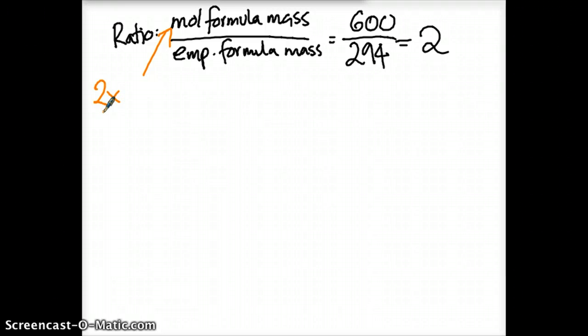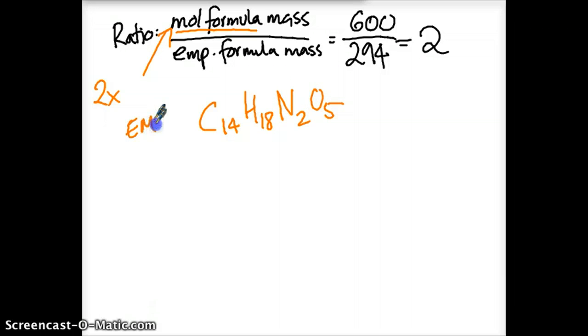It also means that therefore the molecular formula must have 2 times the number of atoms in the same ratio as the empirical formula. So if our empirical formula was C14H18N2O5, this is empirical, we just have to multiply this thing by 2 to figure out what the molecular formula is.